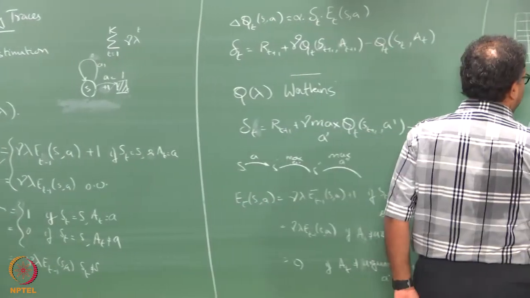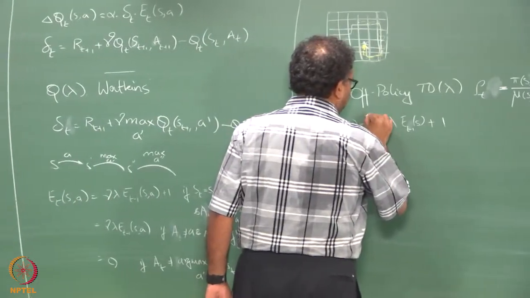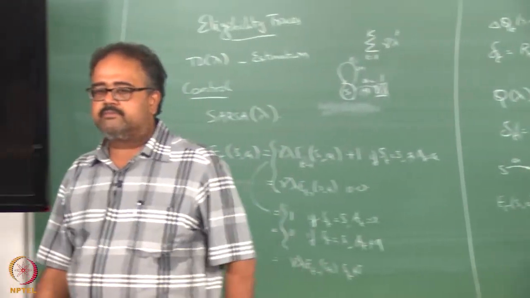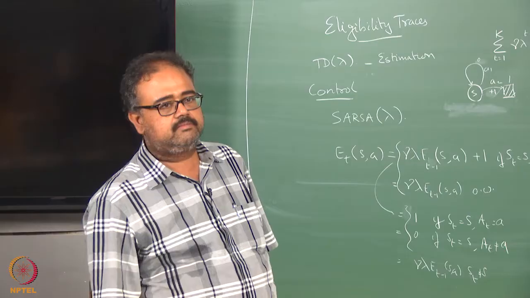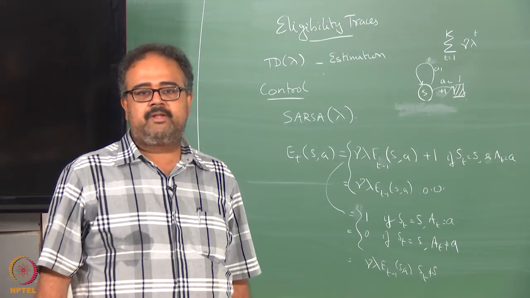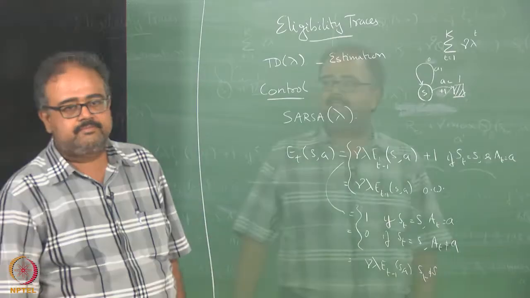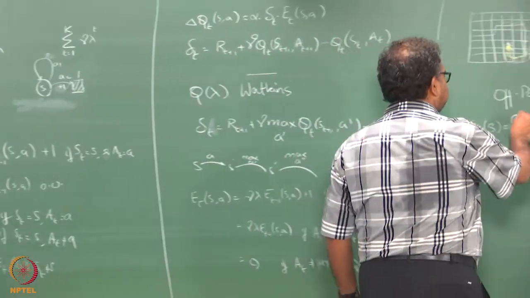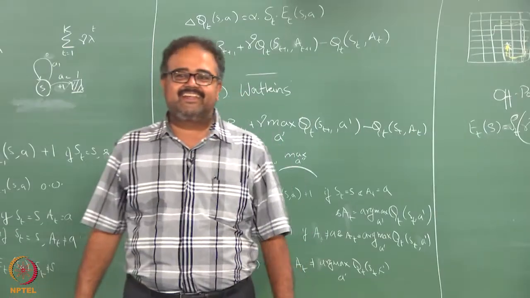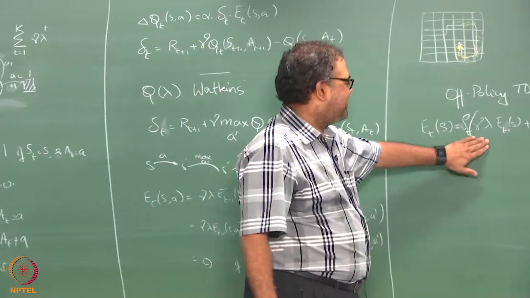So I basically multiply this by rho t, but the question is, what do I multiply by rho t? Just the gamma lambda E t minus 1, or should I multiply the plus 1 also? Depends.